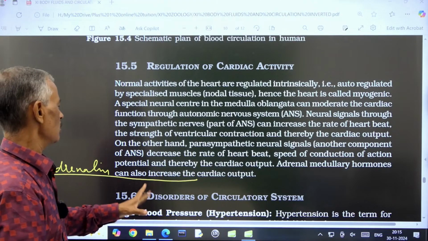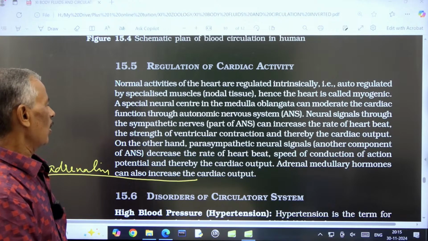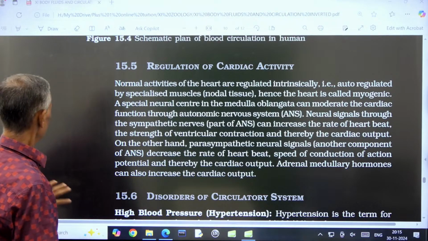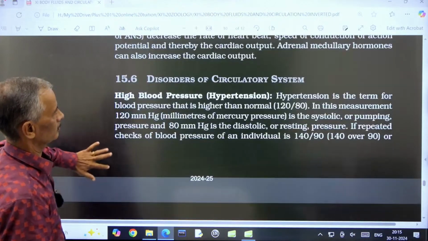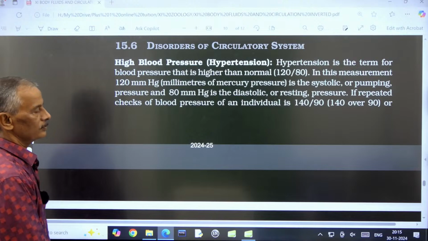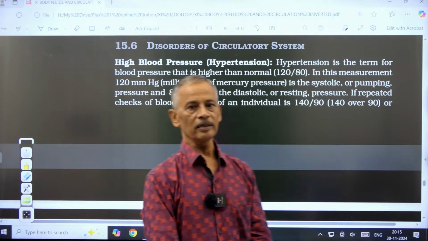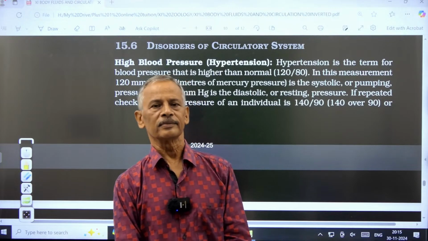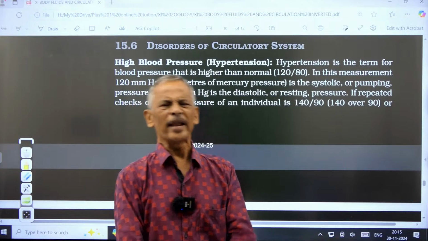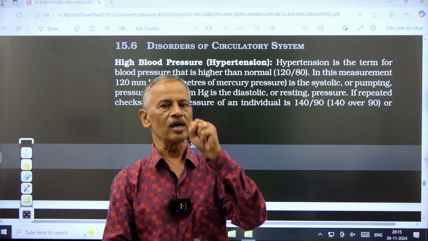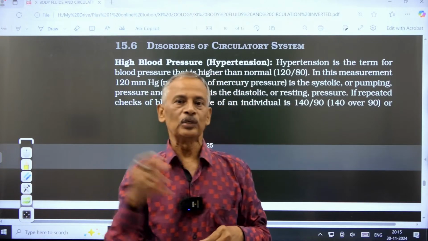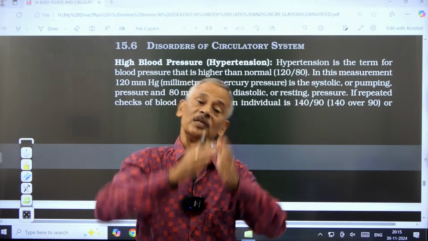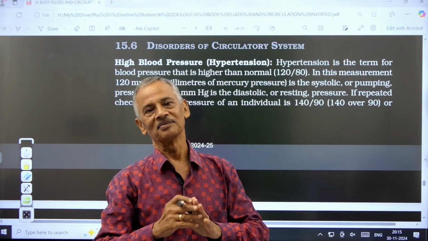Now coming to the last part, disorders of the circulatory system. Remember, blood is filling the whole lumen of blood vessels, and during every contraction of the ventricle, blood is pumped, forcibly pumped into the arteries which are already filled with blood.